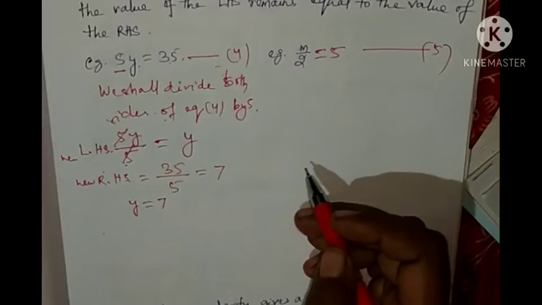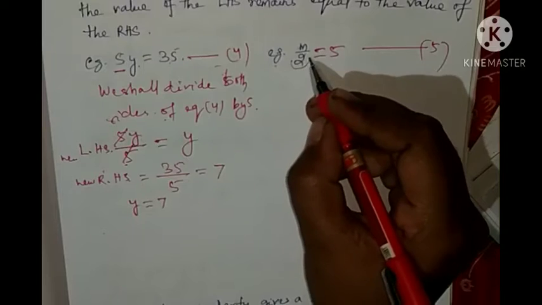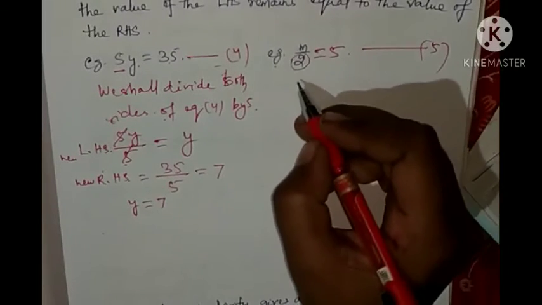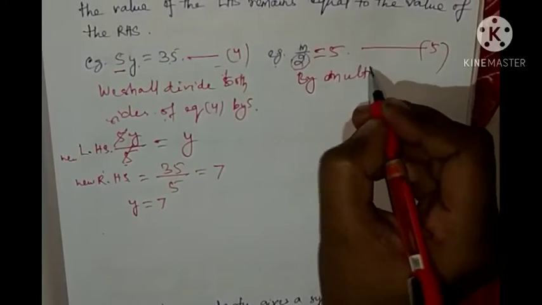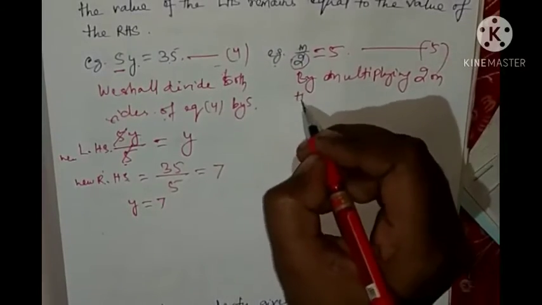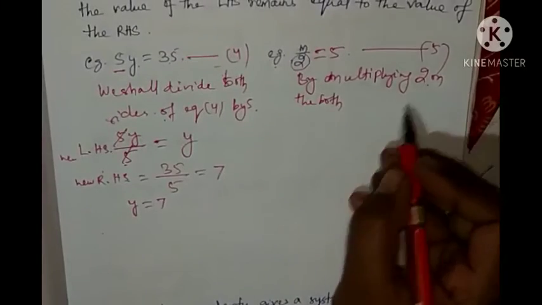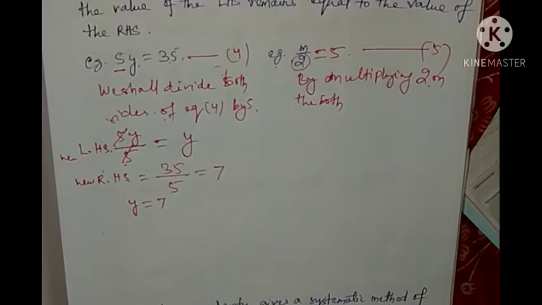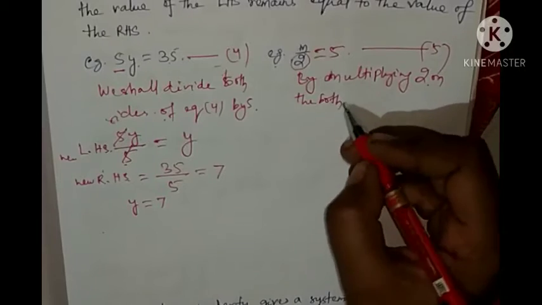Next we will see, here the equation given is m by 2 equal to 5. So how will we find the solution? Here m is divided by 2, so we can multiply by 2 on both sides. Always mention what you are multiplying or dividing or adding or subtracting before doing those operations.